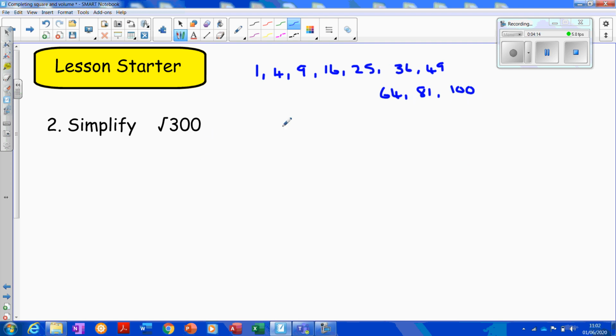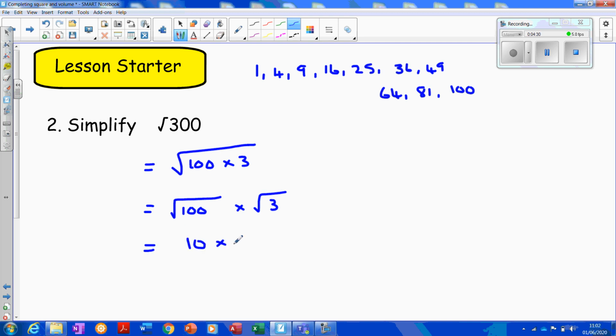Hopefully you can see it's 100. So that becomes the square root of 100 multiplied by 3. Break your root sign, so it's the square root of 100 multiplied by the square root of 3. We know the square root of 100 because it's a square number. So it's 10 times root 3, but you don't need the times sign, so it becomes 10 root 3.